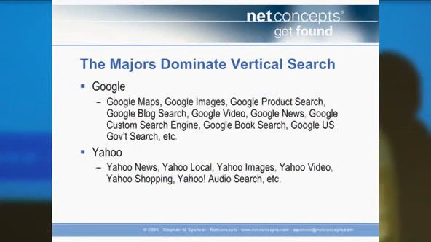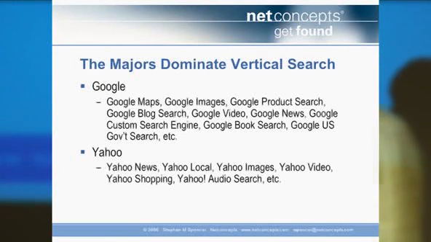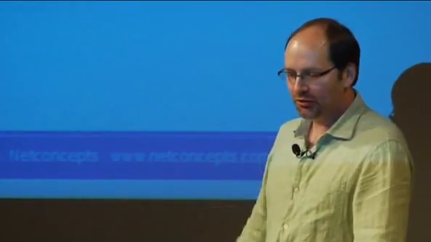And that's great. But in reality, there really is a large market dominance with the major players being Google and Yahoo. And if you look at vertical search, they have things pretty well covered with, just say Google, Google Maps, Google Images, Google Product Search, Google Scholar, Google Book Search, Google Blog Search, Google News, Google Custom Search Engine, Google U.S. Government Search.